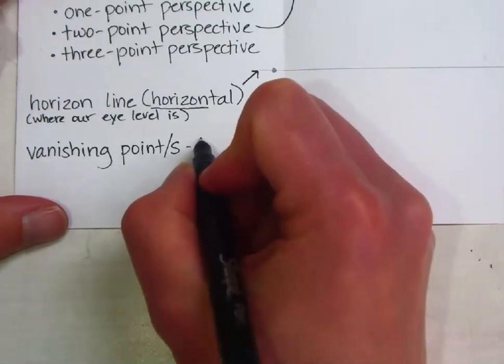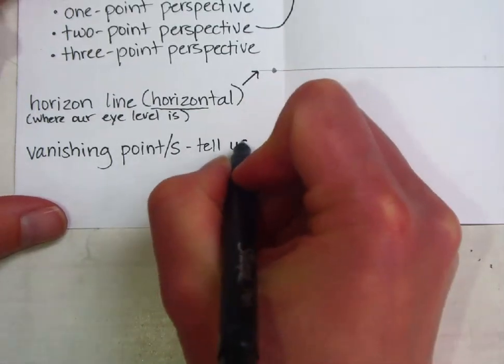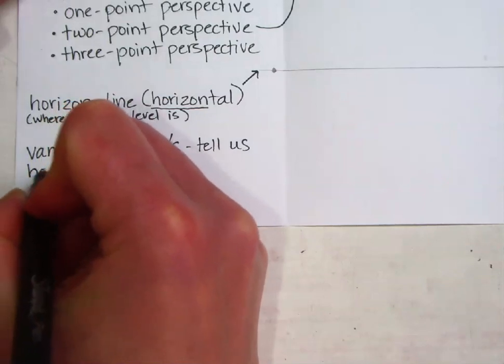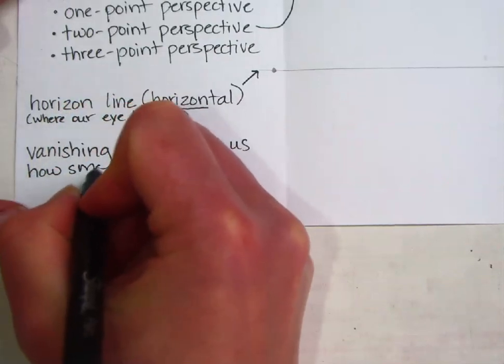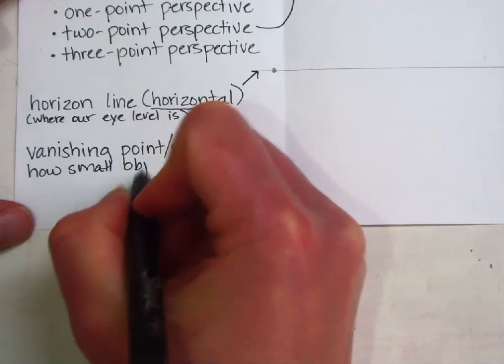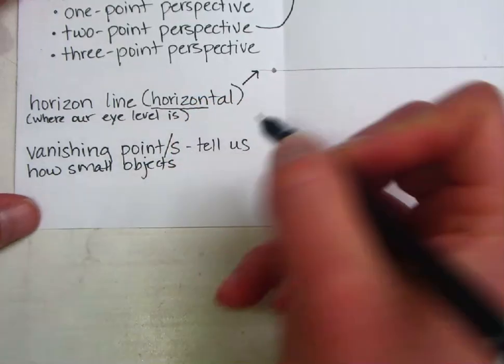So the vanishing points tell us how small objects need to become as they get farther away.